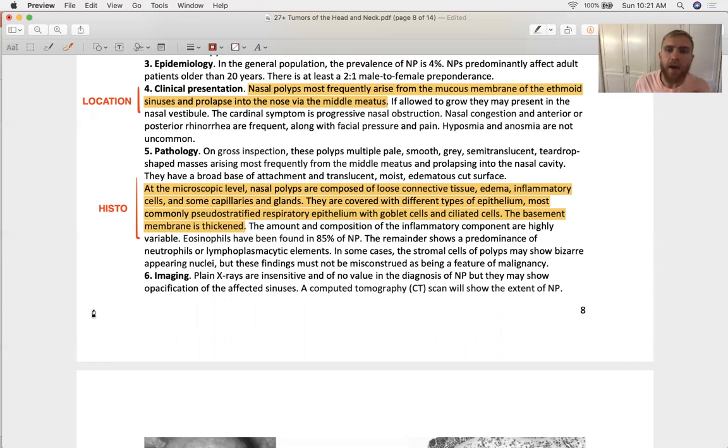And so a polyp can originate from within that sinus and grow into the major nasal cavity through this middle meatus. So I'm spelling out all the anatomy because the location of nasal tumors is very, very, very important.